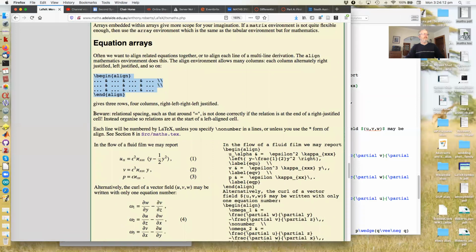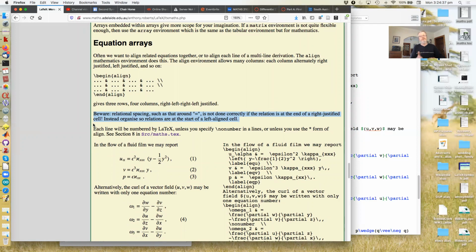Now, one of the things about that is you saw I put the aligning character ampersand to the left of the equal sign. That is generally what you need to do. Do not put a relation to the left of the aligning character, because LaTeX screws up the spacing.